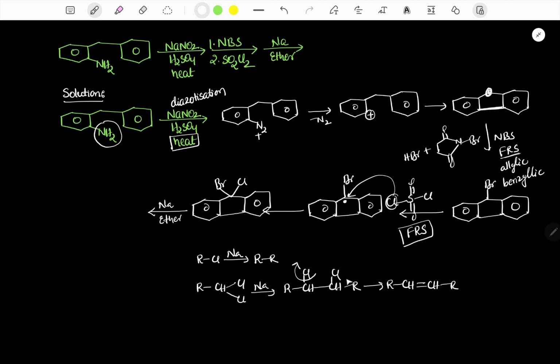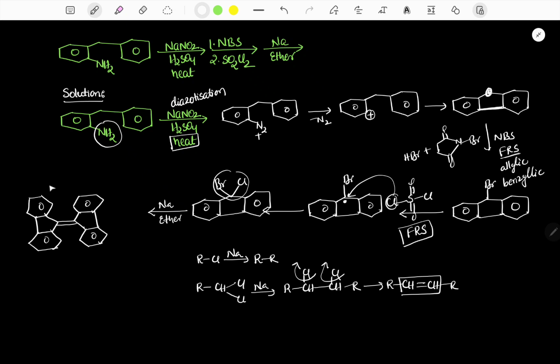Cl will leave, a radical will form, Cl will leave, a radical will form, and finally it forms the corresponding alkene. Similarly in this case also, two halogens are there. So the first molecule and second molecule, first Wurtz reaction, second Wurtz reaction. So this is our final compound.